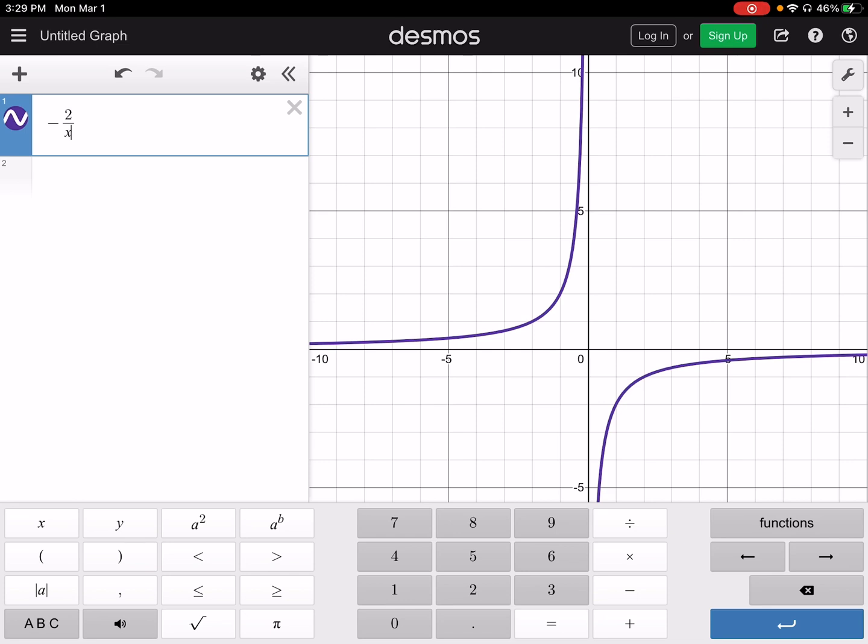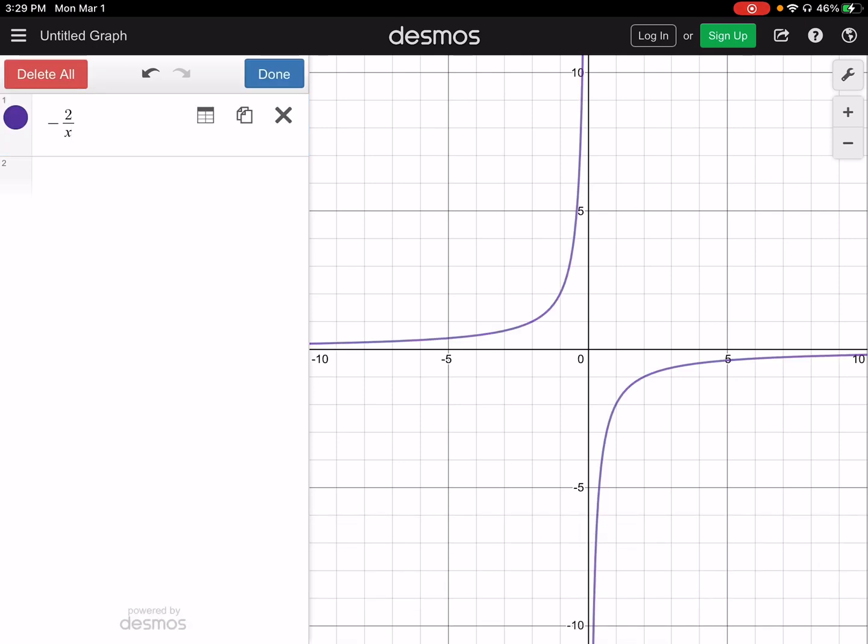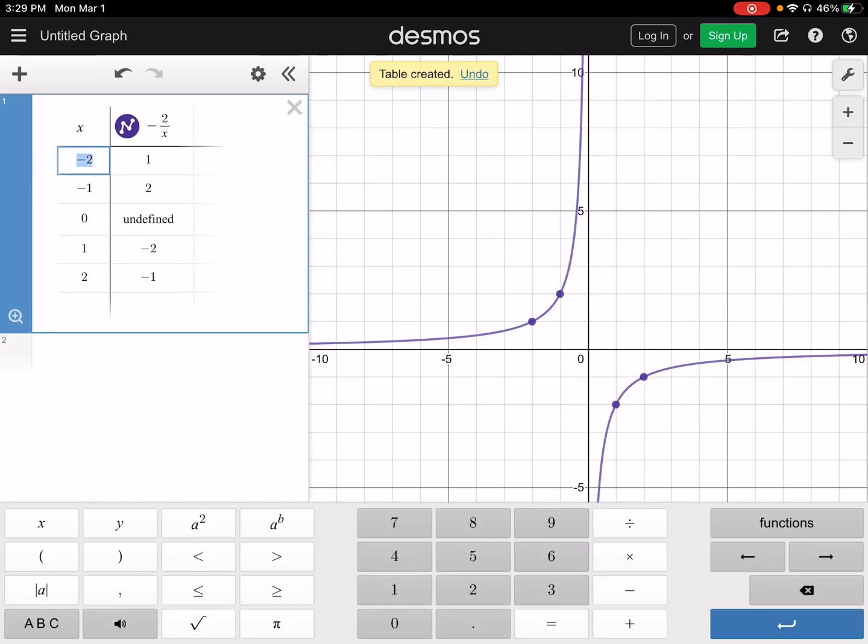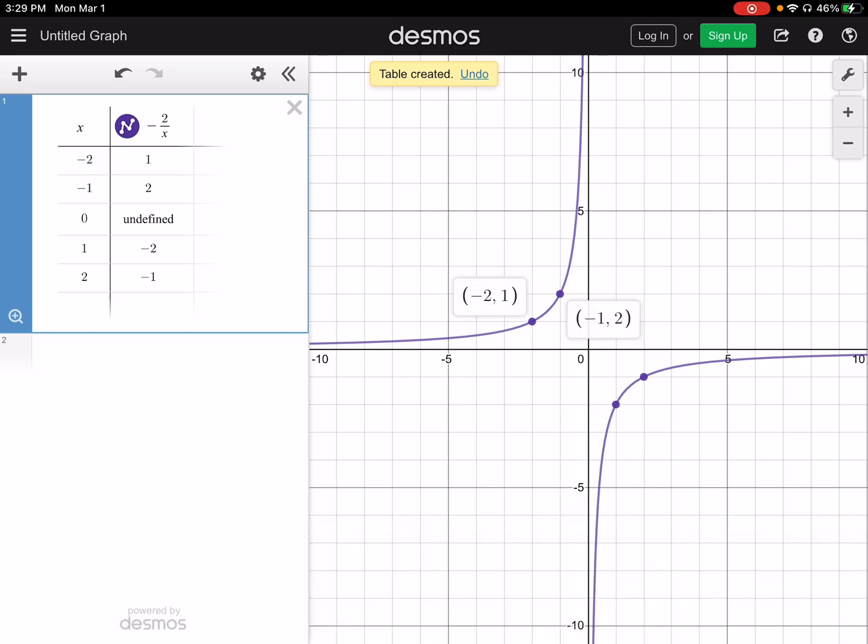Okay, so there is my graph. And remember, you can use the little widget right here to go ahead and get yourself a table. And the nice thing about this is they've already got the points. There's 2 on that branch, and there's 2 on this branch. Now, Alex calls them the 2 pieces of the graph, but remember they are the branches.